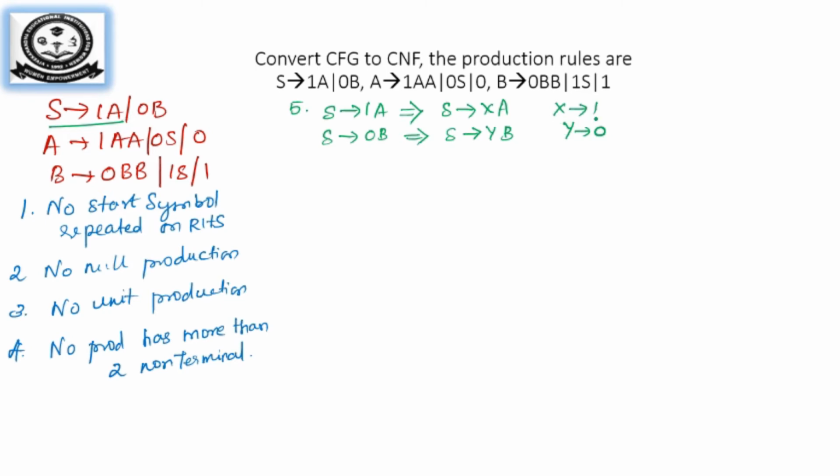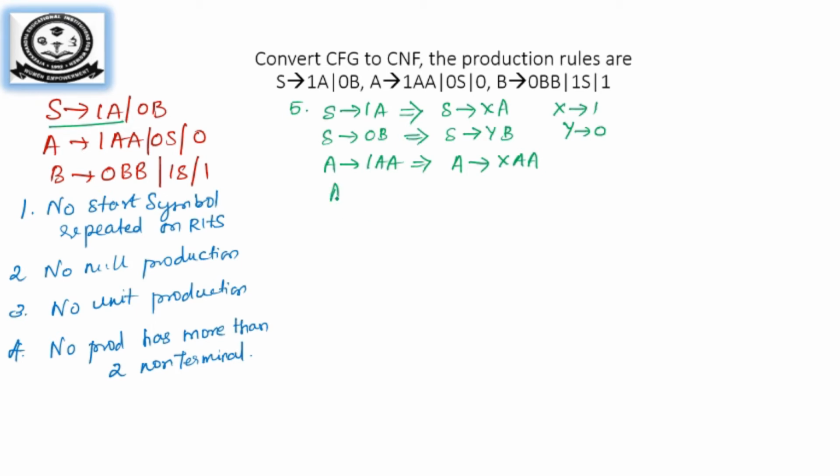Now we know that 1 and 0 are going to be replaced, so the other combinations can also be converted. For example, A tends to 1AA will be replaced with A implies XAA.